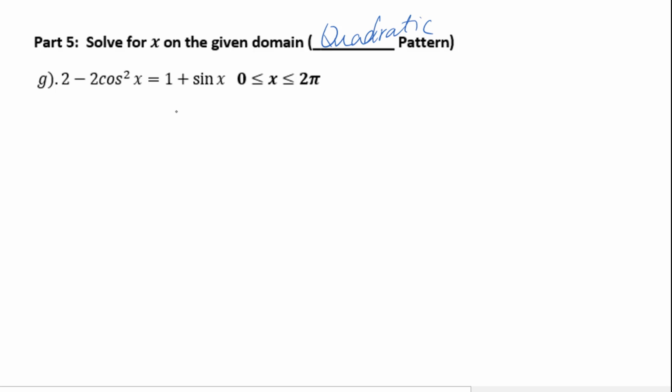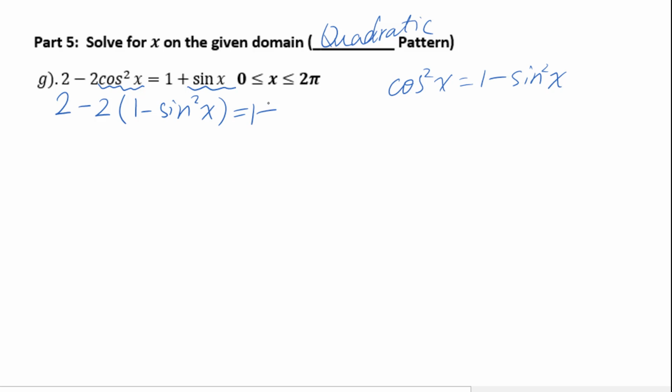First of all, you need to get the same trig function. This is a sine x. We have to change this cosine square x into 1 minus sine square x. So you have 2 minus 2 times (1 minus sine square x) equals 1 plus sine x.